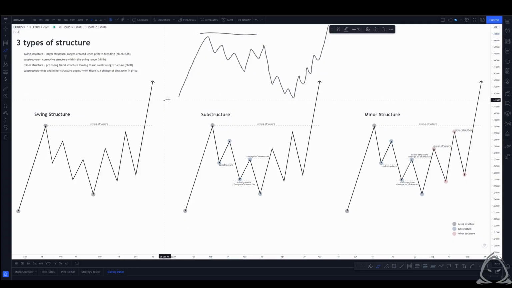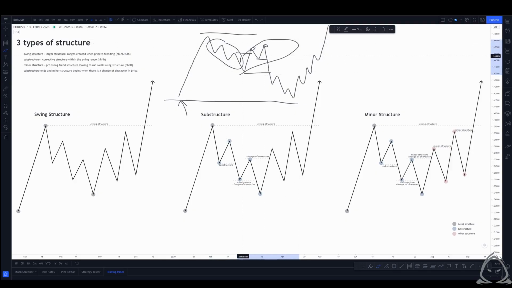Because as we said in the previous market structure videos, as long as this low is not violated, we're still in a bull trend. Price can range all throughout this entire impulsive leg of the swing structure and still continue and break the high to be valid. So although we had our change of character right here, we're starting to see minor structure playing out. What we can see is then we had another change of character creating lower lows and lower highs.